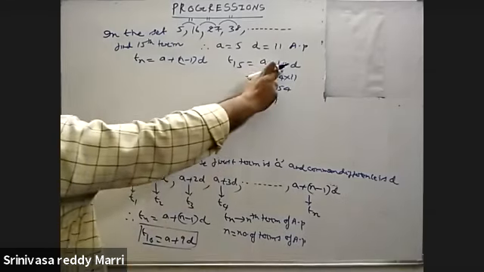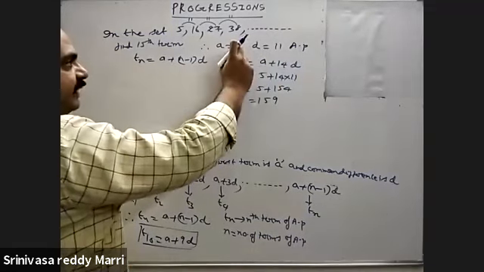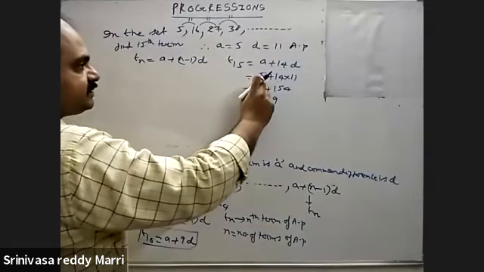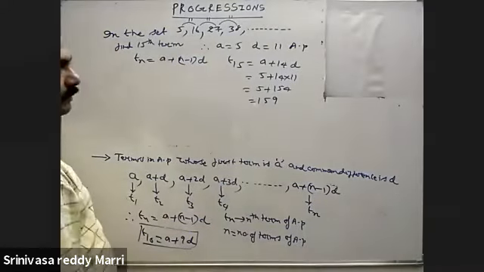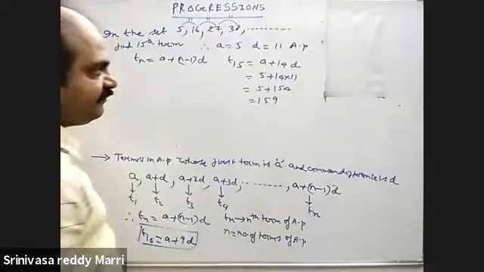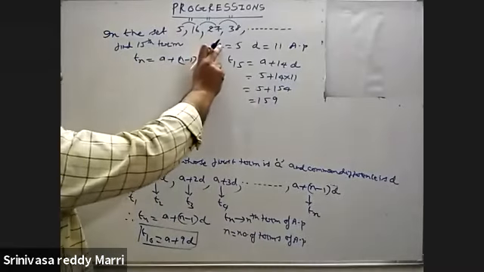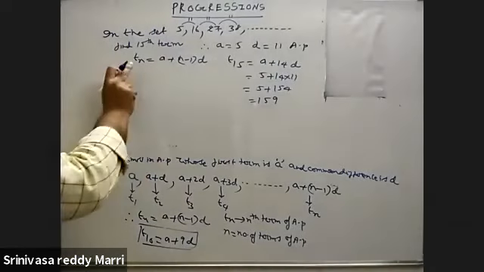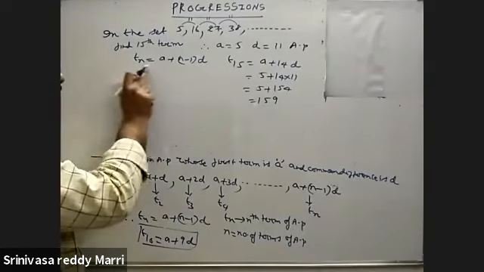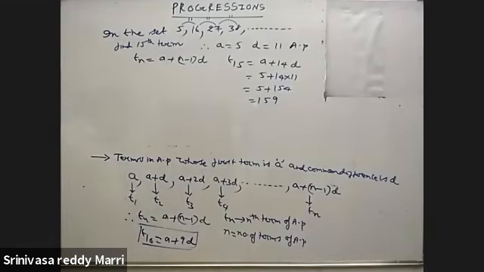This is a plus 14 into d. Substitute the values of a and d. This is 5 plus 14 into 11. So this is 159. Like that, if you know the first term and common difference, then use this formula to calculate any term of an AP.